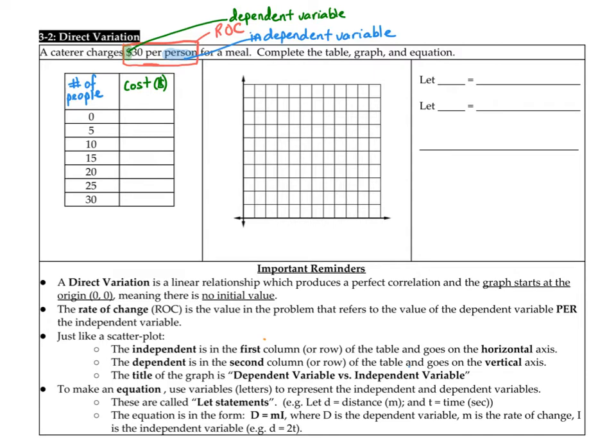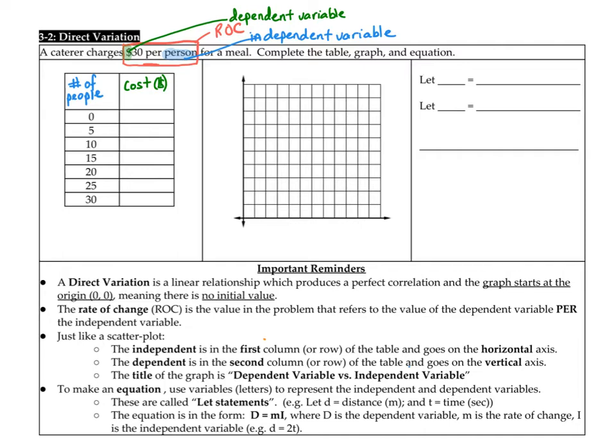You pick some values of the independent variable to go into the column. In this case, they're given. And now what you do is you figure out what each of those costs would be for the number of people. So it's $30 for each person.